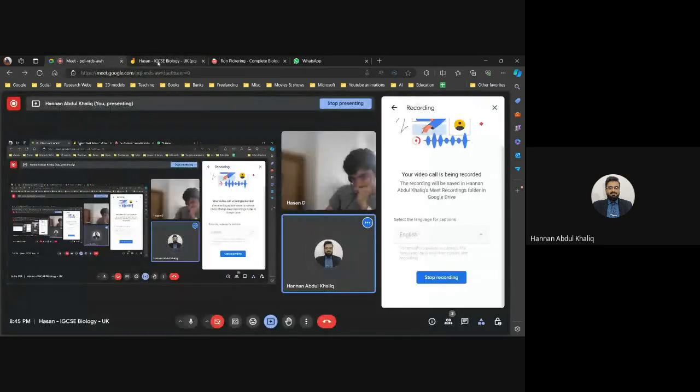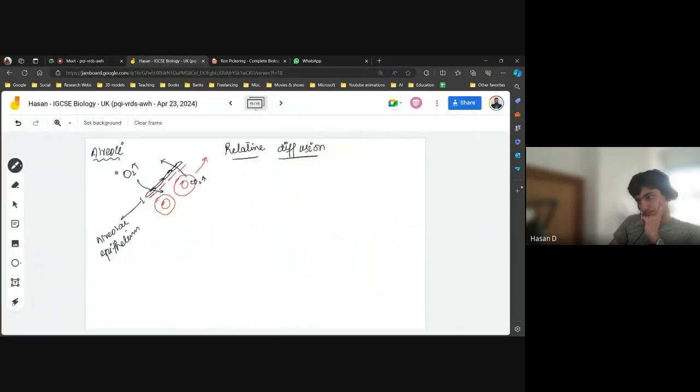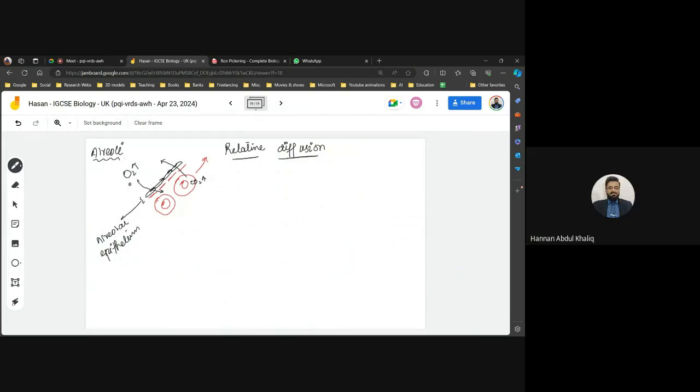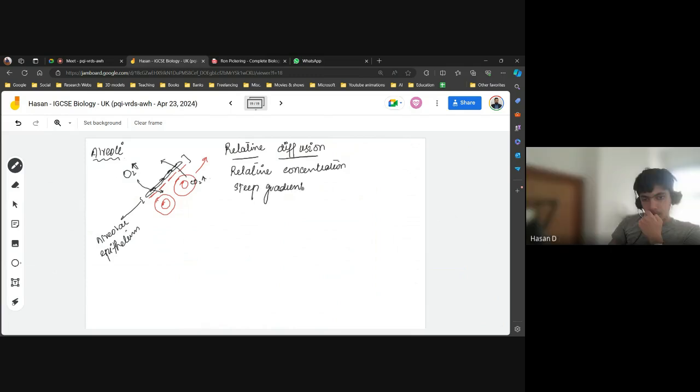Obviously, oxygen is in very high amount, so it would directly move into the blood. And we have a very small distance over here. So oxygen would move straightforward into the blood, and carbon dioxide too, because of their relative concentrations. There is a very steep gradient. Did you get it?